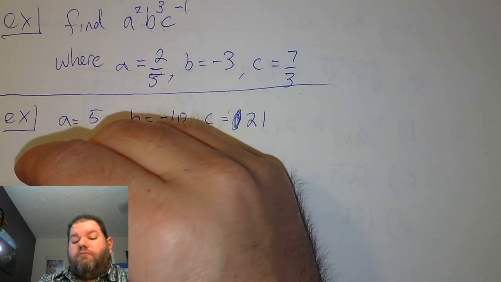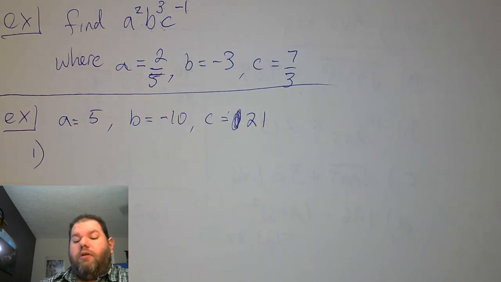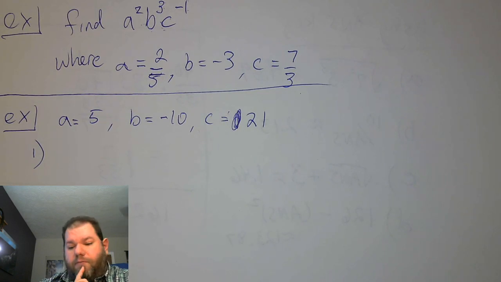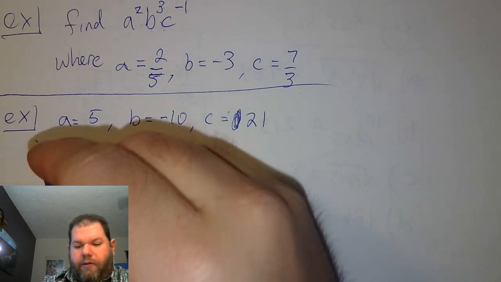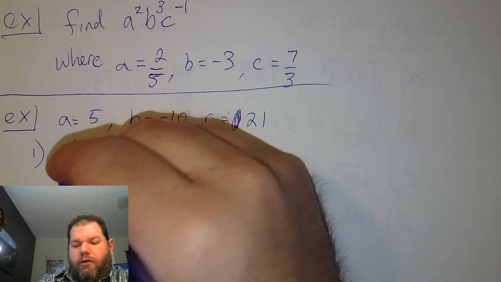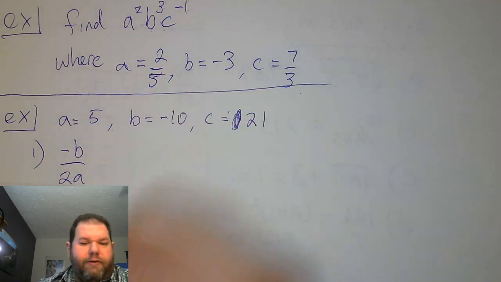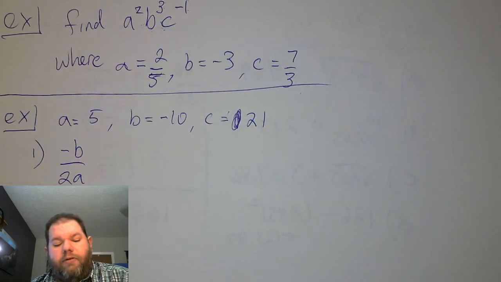So let's find, first of all, -b over 2a. This is a formula that we sometimes use in equations of certain things.